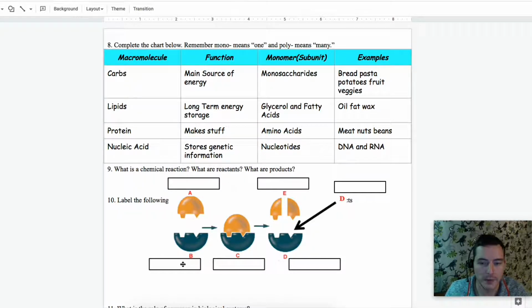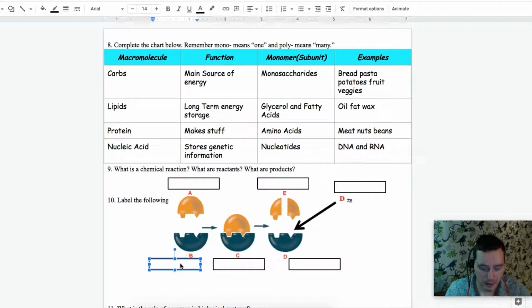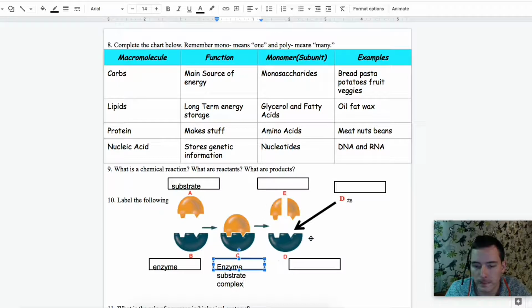So I'm going to label the following. I know that B is the enzyme. A is the substrate. That's what the enzyme is going to bond to. C is the enzyme substrate complex. E is the product.